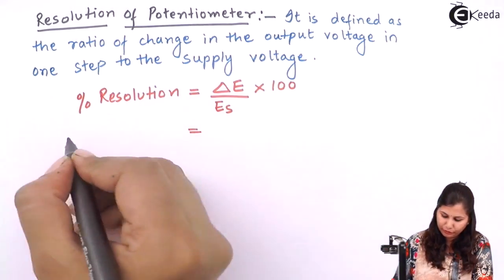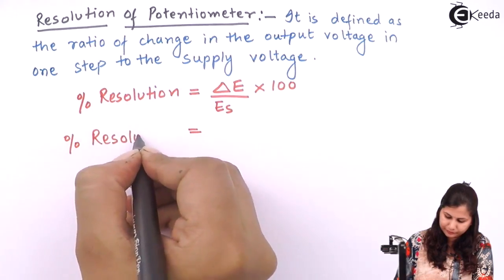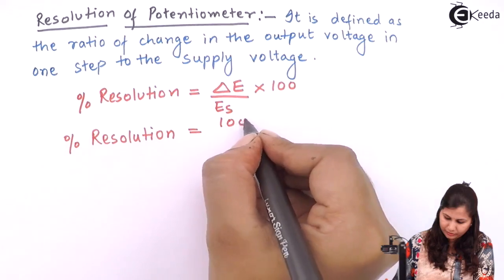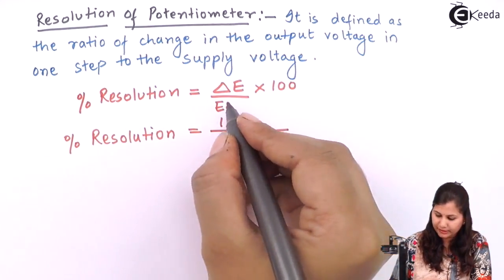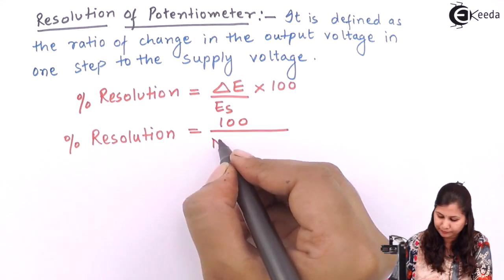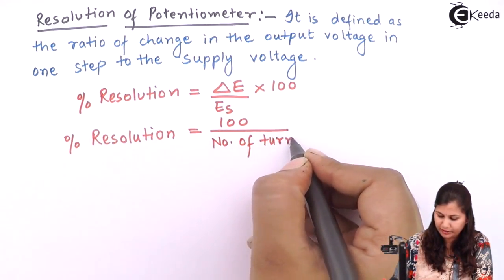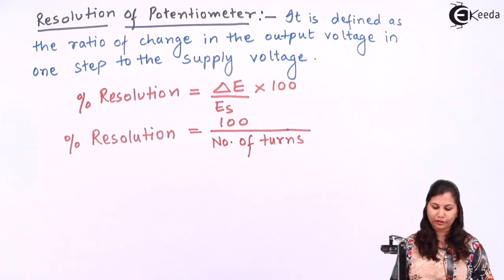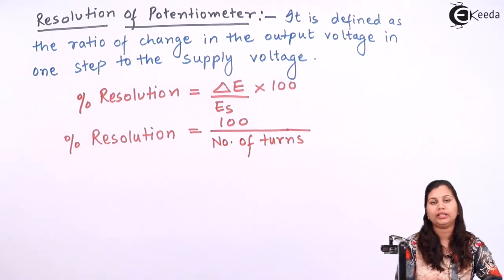So percentage resolution will be 100 divided by the number of turns, Es by del E. We can also write the resolution as 100 divided by the number of turns. So with the help of this formula, we can find out the resolution of the potentiometer.